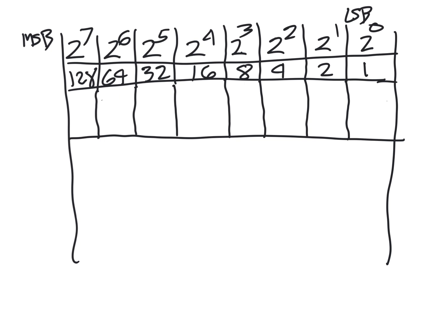Okay, so let's put in just a random binary number: 1, 0, 1, 1, 1, 1, 0, something like that.